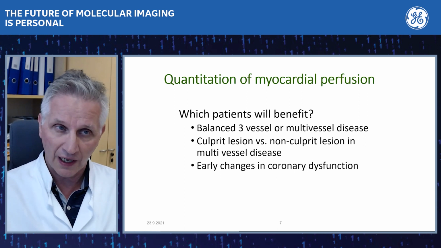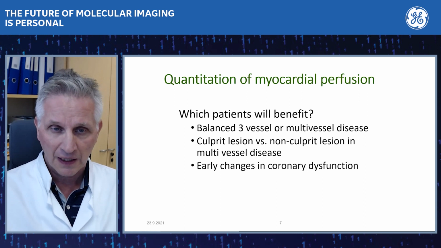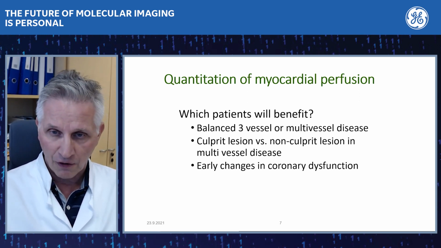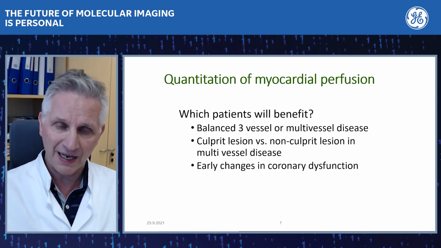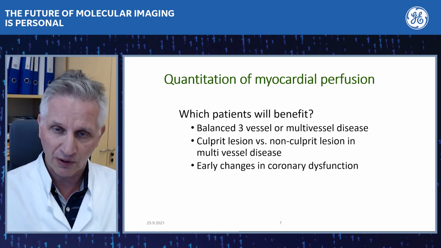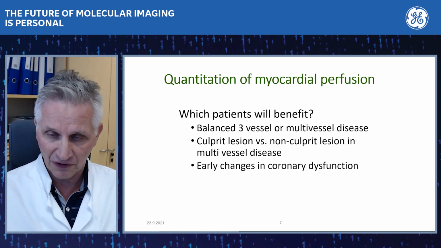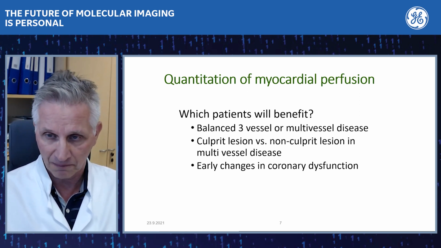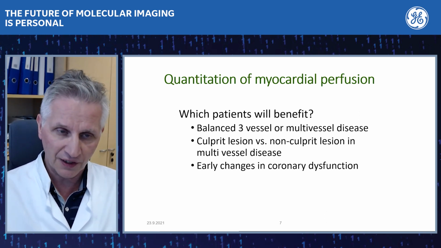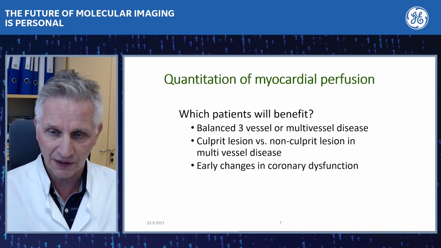With PET you can quantify myocardial perfusion in absolute terms, and if you think about which patients it will really give a benefit, of course it's obvious that those with balanced 3-vessel or severe multi-vessel disease, then the absolute quantification is likely increasing the sensitivity of detecting the severity of the disease. It also helps in the culprit lesion versus non-culprit lesion comparison, especially in those with multi-vessel disease.